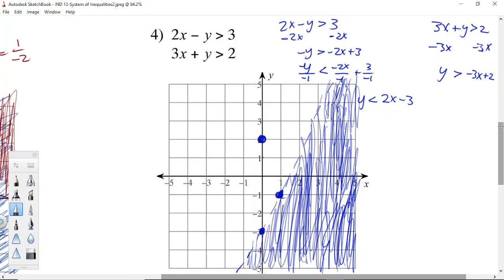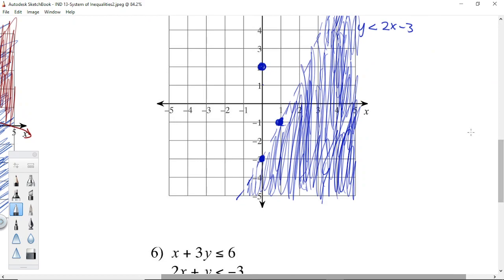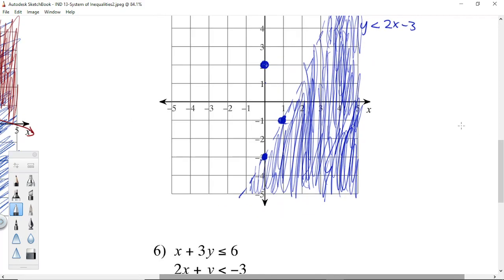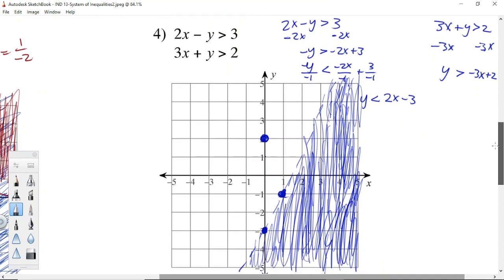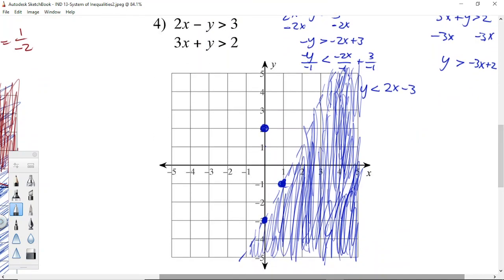I need to change colors here, though. Whoops. Let's see which one we want to use. See how that does. I already made the points blue, though. That's okay.